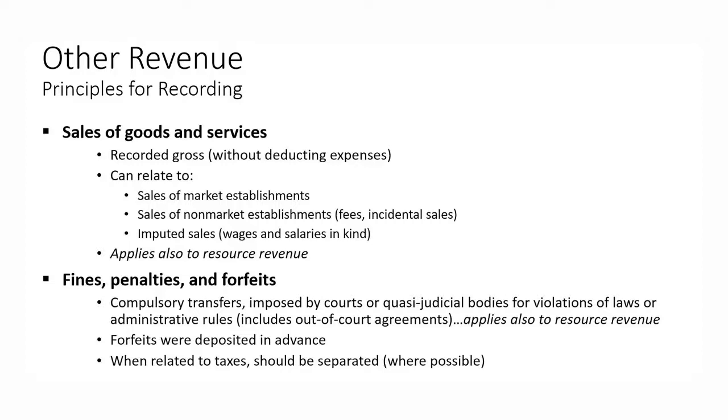You have to pay taxes without violating the law. But fines, you violated the law. That's the difference from taxes. And then forfeits were deposited in advance, so they have to be sorted out. And yes, when related to taxes, they should be separated where possible.